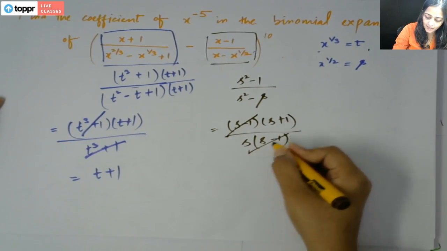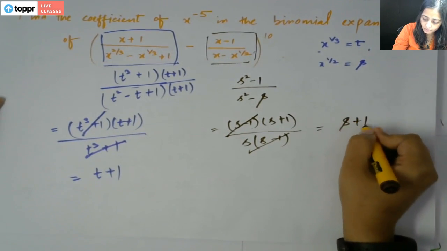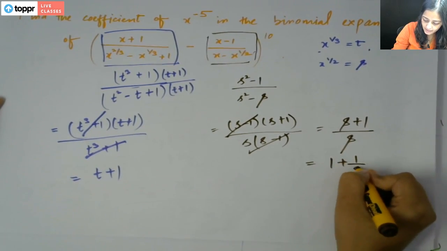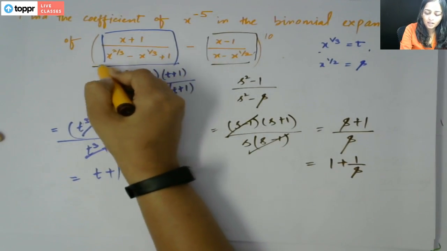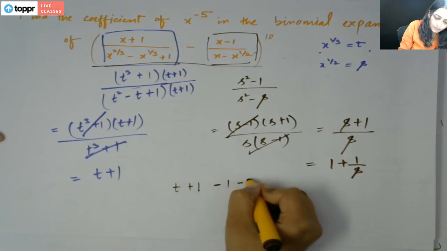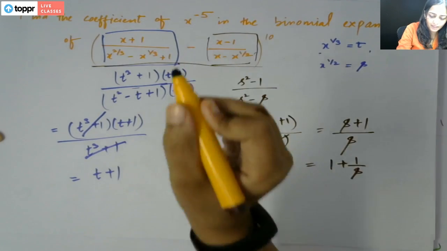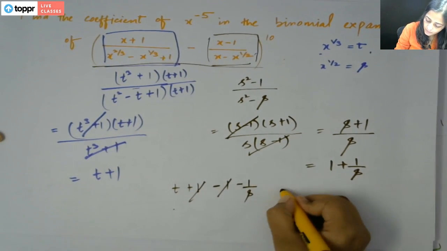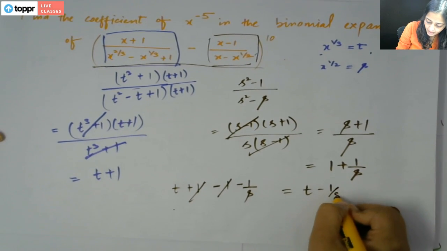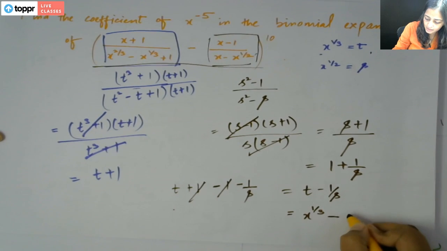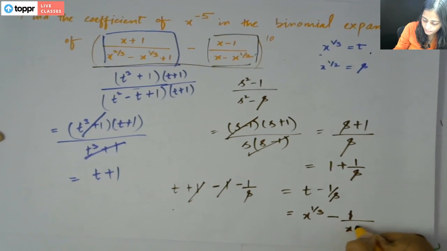This will get cancelled and you will get (s plus 1) by s, which is equal to 1 plus 1 by s. So this term becomes t plus 1 minus 1 minus 1 by s, because there is a minus sign here, and this becomes t minus 1 by s, which is equal to x raised to the power 1 by 3 minus 1 by x raised to the power 1 by 2.